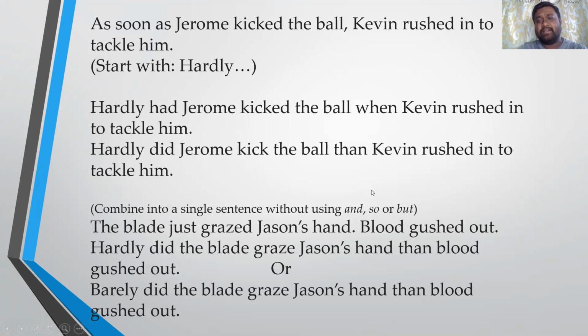Let's come back to another example. As soon as John kicked the ball, Kevin rushed in to tackle him. Begin with hardly. Hardly had John kicked the ball when Kevin rushed in to tackle him.